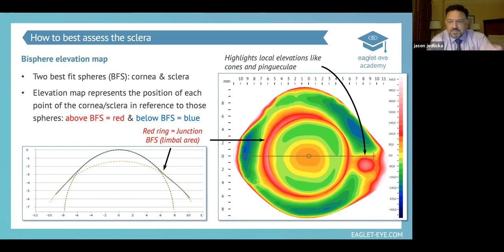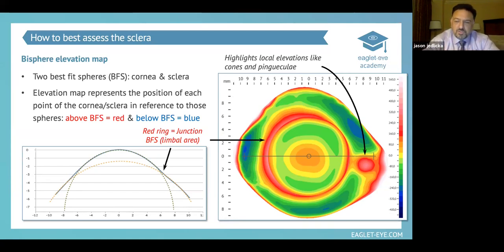Is it really that steep right in that area, or is it really that flat in there? And the answer is no, not really. You have to recognize that our cornea and our sclera are being presented to us on different reference spheres. So we want to look at this map considering the cornea and the sclera independently, and not try to take this entire picture as one unit. It's really two different images in one, giving us corneal data as well as scleral data.